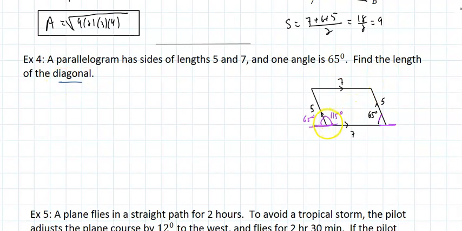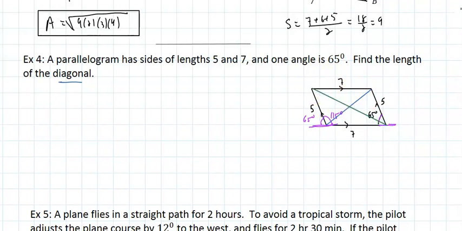The diagonal is that length right there. Whether I needed the 65 or not, let's find this side.